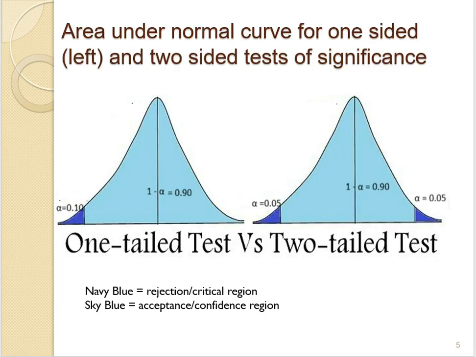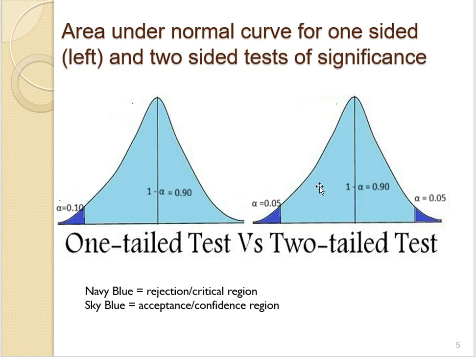So here I have shown the typical curves for one-sided test and two-sided test. In case of one-sided, we have alpha 0.1, 10%, and 1 minus alpha is 0.9 or 90%. So this navy blue is rejection or critical region, and sky blue is basically acceptance or confidence region.